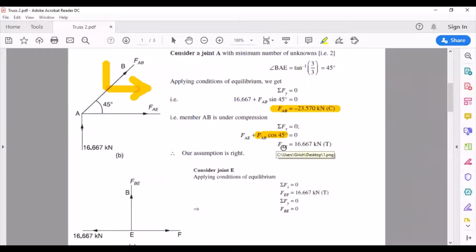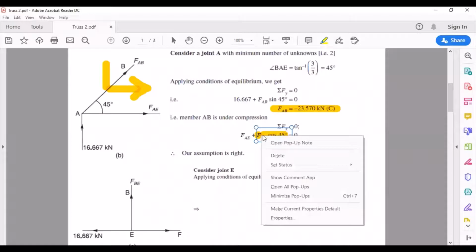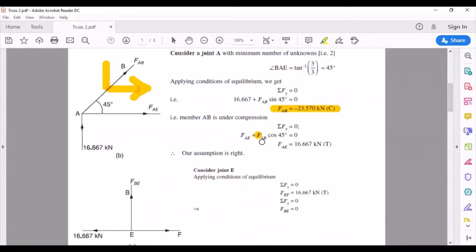Thereby FAE is 66.67 kilonewton. Now again, you have got it with positive sign, thereby the assumed direction is correct.